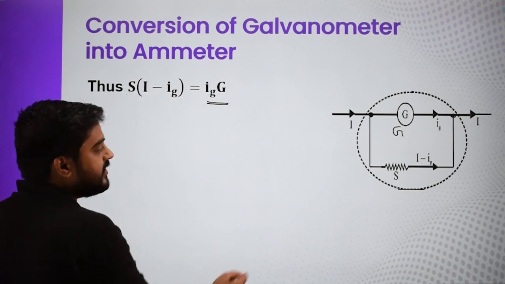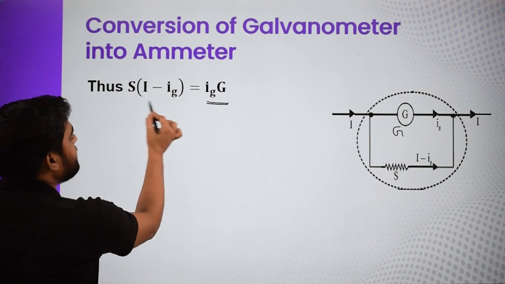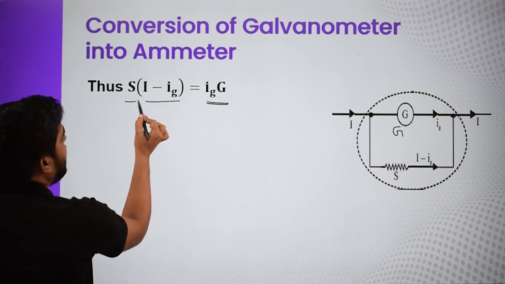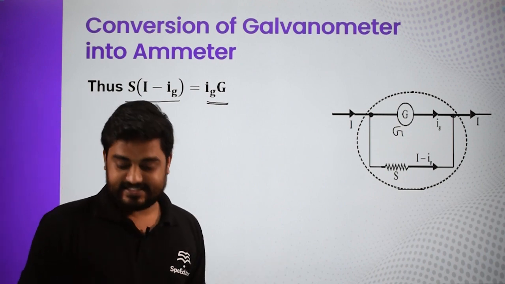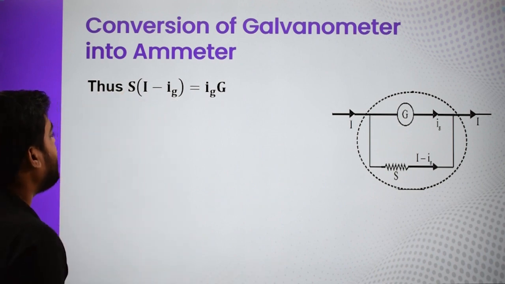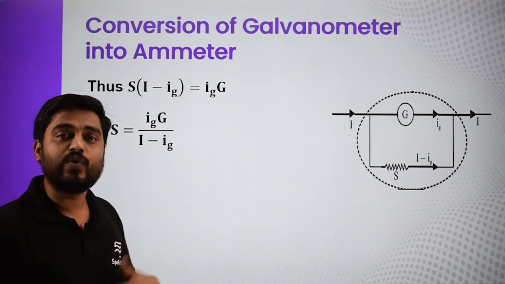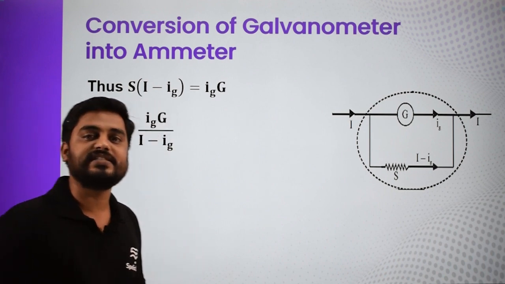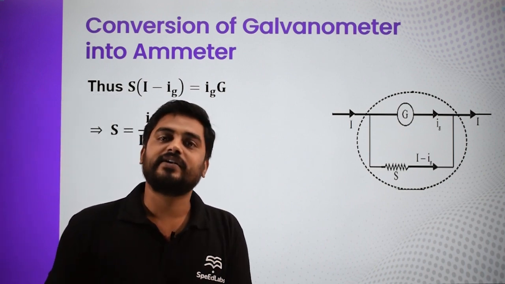The rest of the current, I minus Ig, passes through the shunt, so the potential difference is (I minus Ig) into S, where S is the shunt resistance. If we solve this equation for S, then we get the shunt resistance needed to convert a galvanometer into the wanted ammeter.